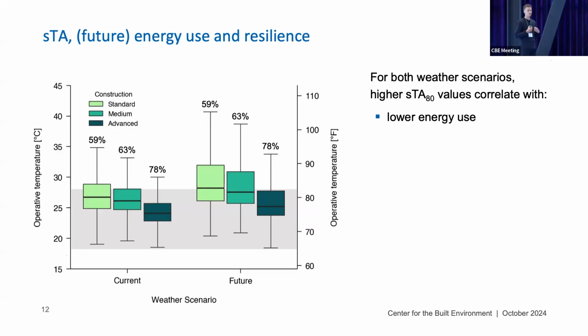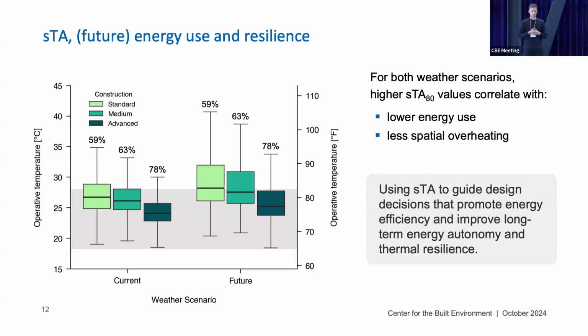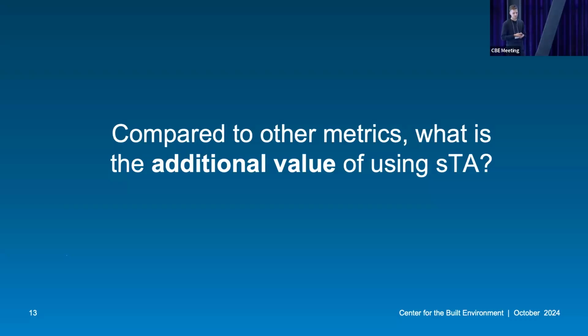We can see that if we base our design on spatial thermal autonomy, we can, first of all, reduce the range of extreme temperatures that we have, and also the extreme values in this case. So what this means is that if we use STA to guide our design decisions, that will promote energy efficiency and also improve the long-term thermal autonomy of our building, which is great.